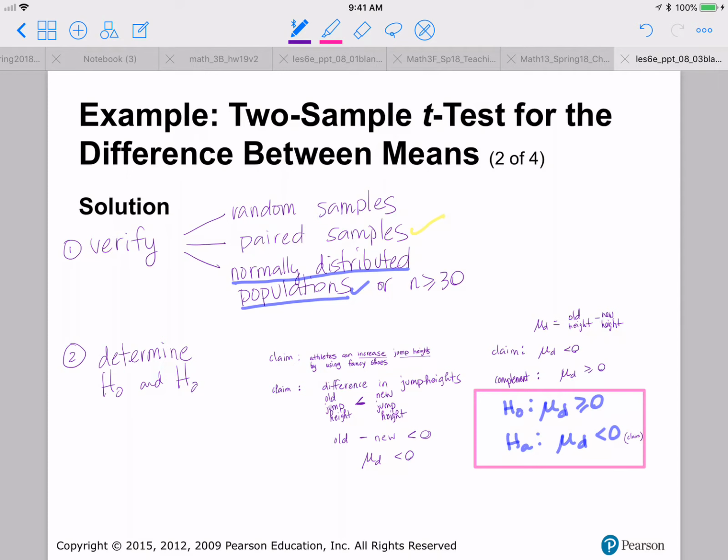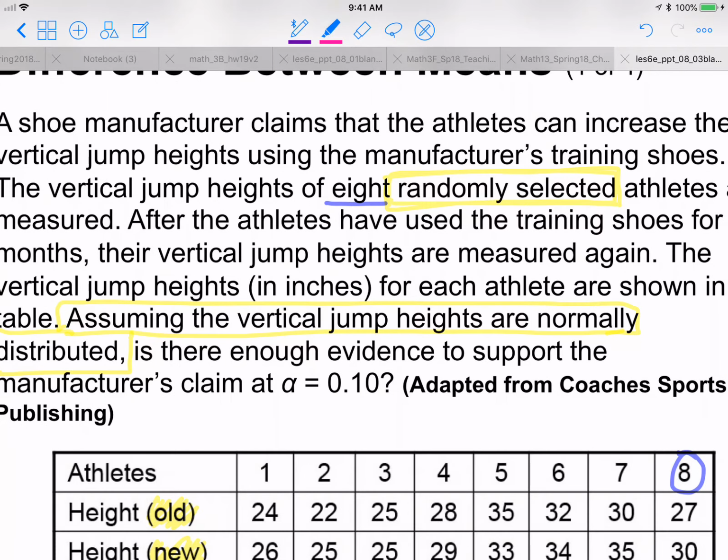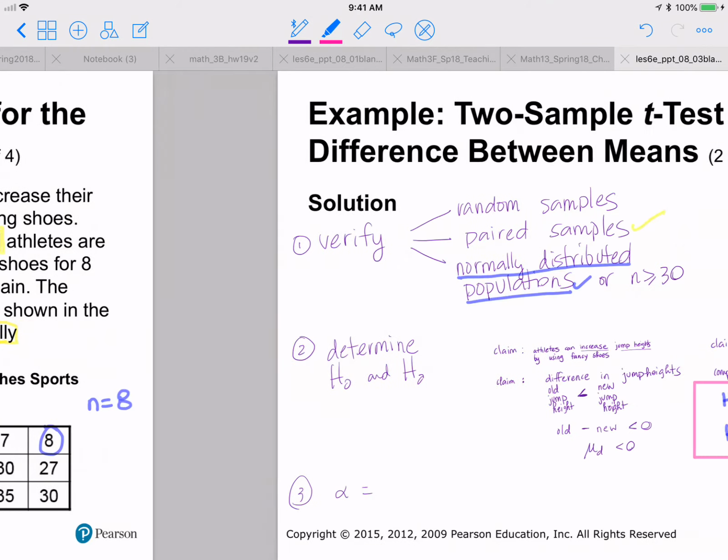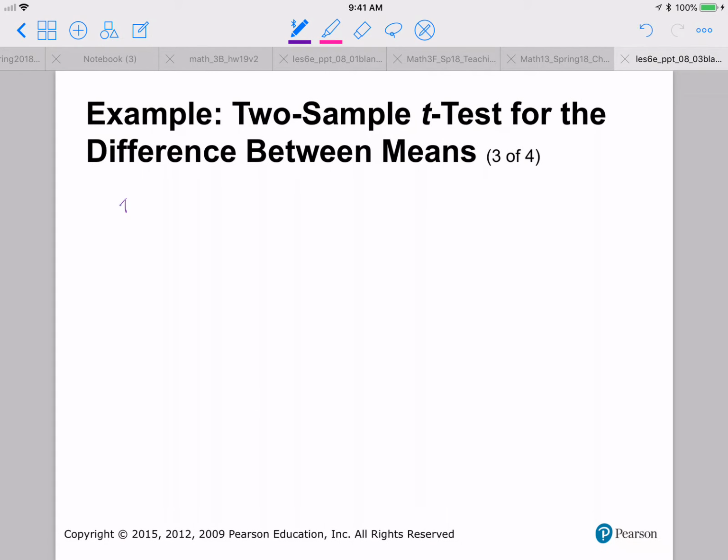Number 3 is to determine alpha, but alpha should be pretty easy. Alpha is 10%, 0.10. Alpha is equal to 0.10. Now number 4, for me, I'm going to use the calculator. We're going to do the p-value version of things.